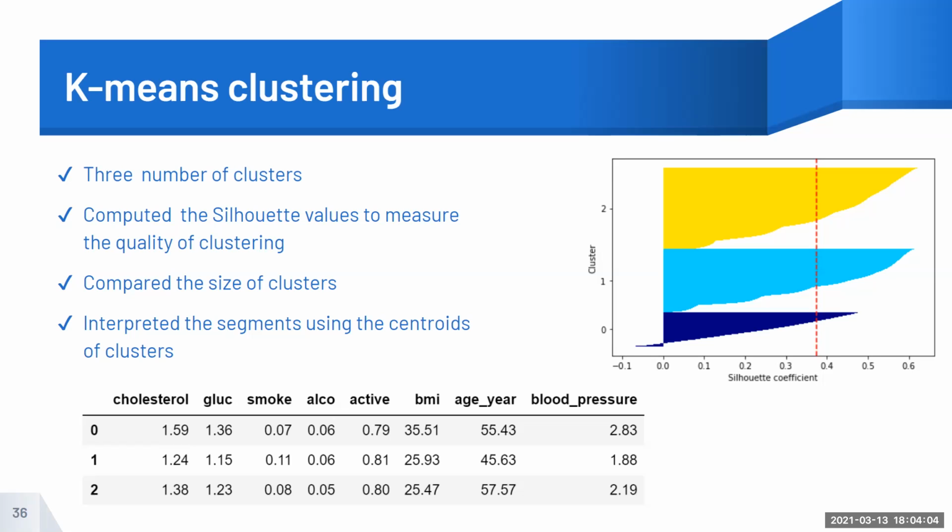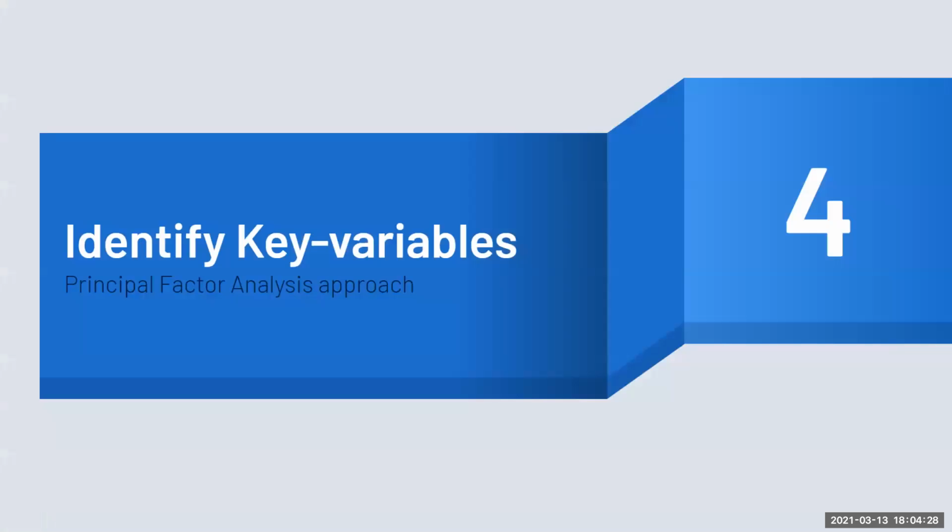For example, cluster 0 has mostly patients with higher blood pressure and other medical metrics, while cluster 1 contains younger patients with a lower blood pressure, cholesterol, and some other metrics.